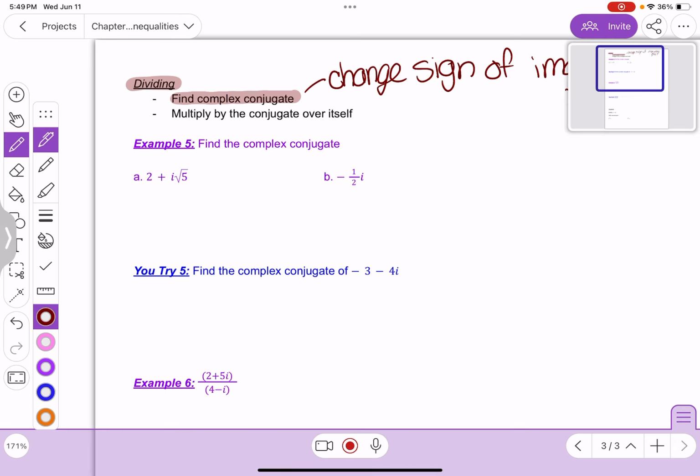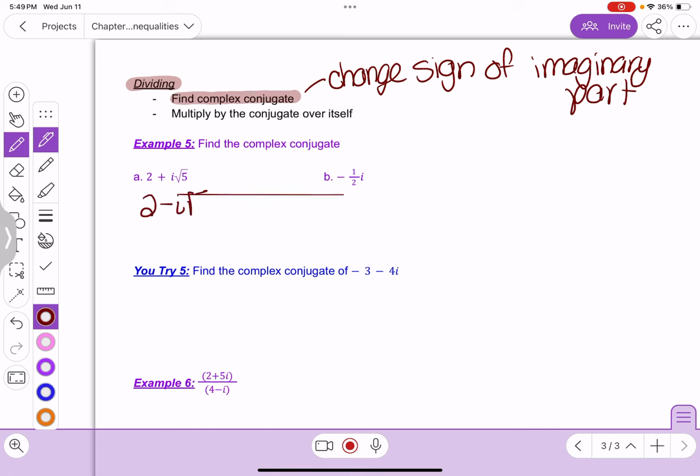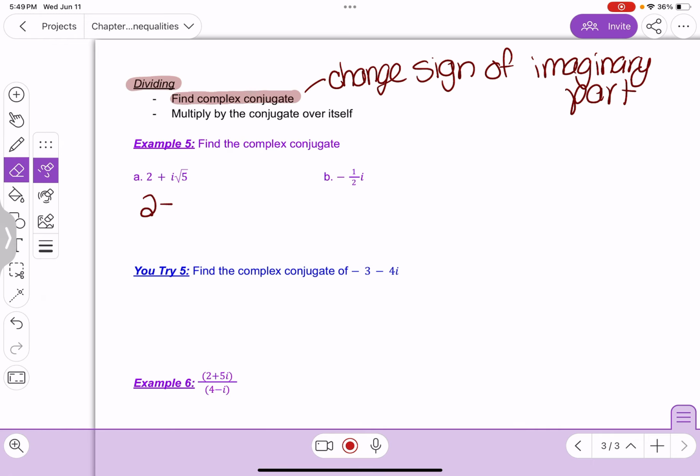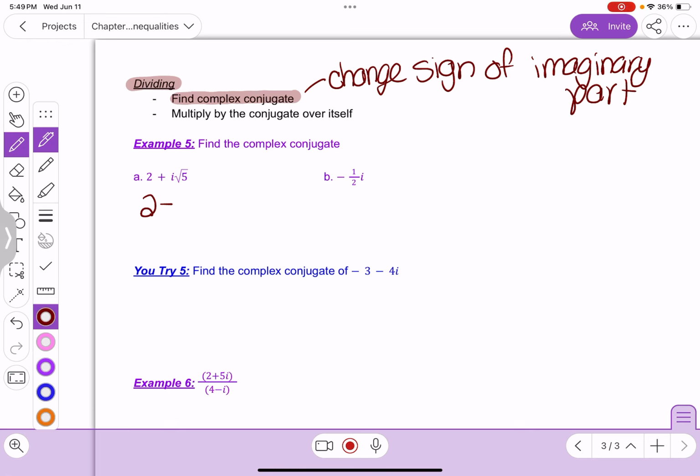So for A here, the imaginary part is the i root 5, so the plus becomes a minus. So remember, we did this with the radicals when we were trying to rationalize the denominator. So this time, instead of changing the radical, we're just changing the imaginary part. So here, when all we have is imaginary, that just becomes positive. So instead of negative 1/2 i, it becomes positive 1/2 i.